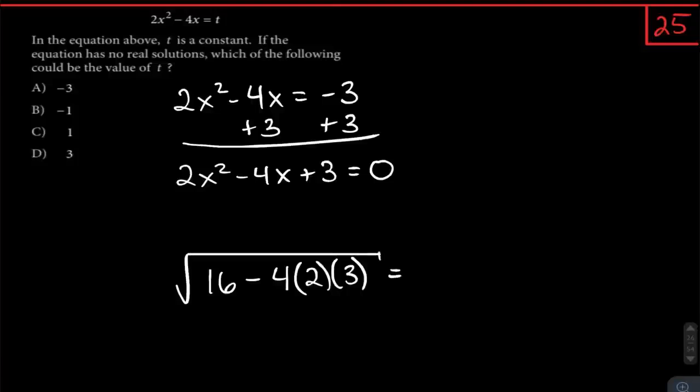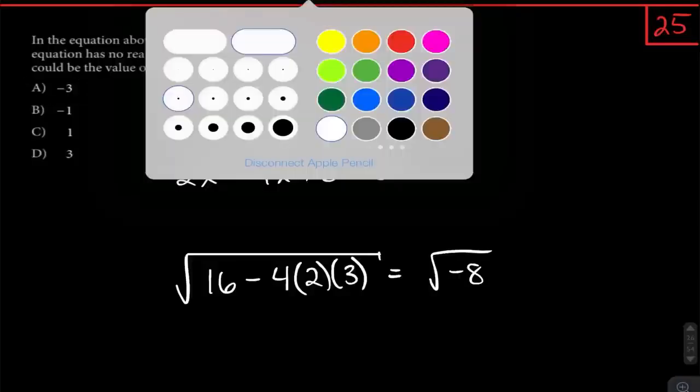And that's going to equal, we have a 16, and we have 8 times 3 is 24. So this is equal to the square root of -8. So we get a negative under the square root, right? And that means that this equation has no real solutions if we have T equal to -3. So that's our answer right there.